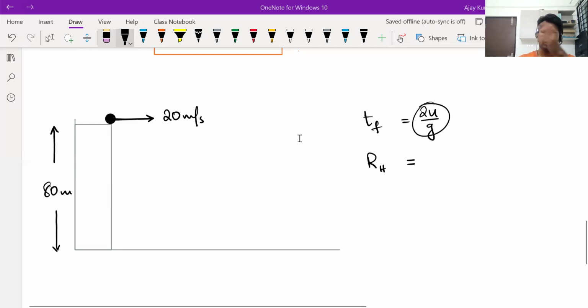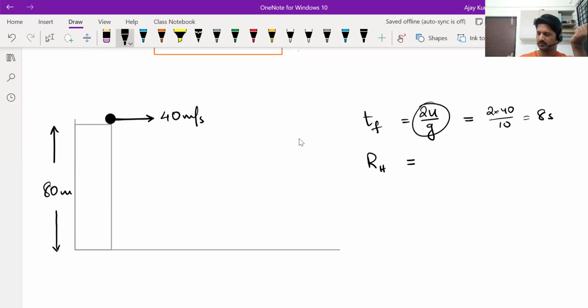Like if according to you, if this speed had been 40, then your answer for time of flight will become 8 seconds. No, that is not the correct way to do it. Okay, Pawan, you also gave answer as 4 seconds, but how did you calculate? Root of 2h by g.